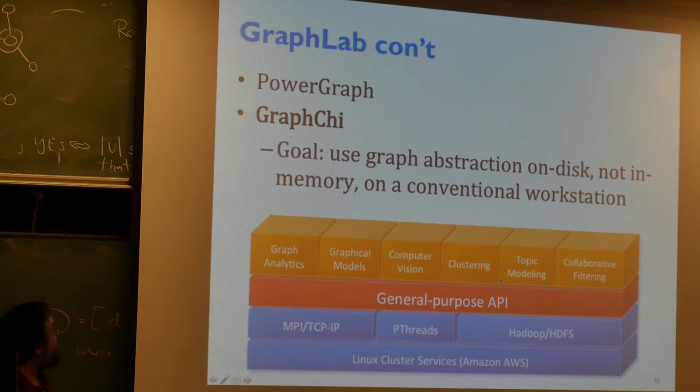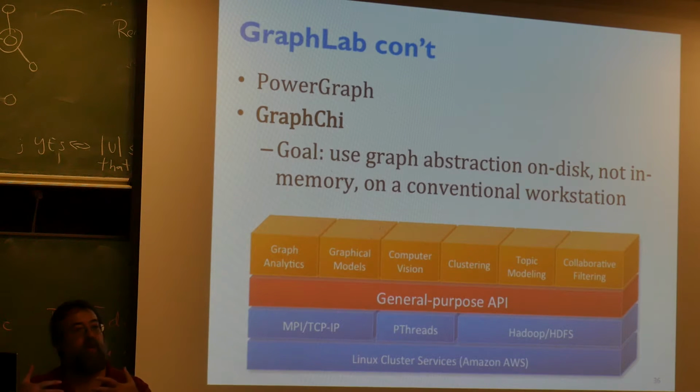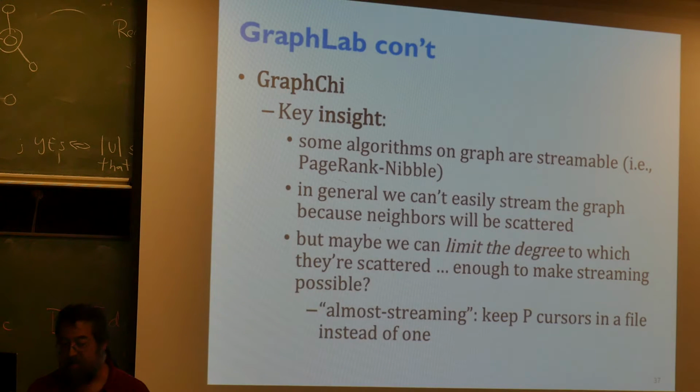The basic vision is that you'd have a rich library of machine learning algorithms, built on top of a general purpose graph processing API, and you could stick different backends. You could do your backend graph processing in Hadoop if you had a really big graph, or in a distributed setting with threads, and so on. The idea is a way of achieving independence from the particular parallel architecture you want to use.